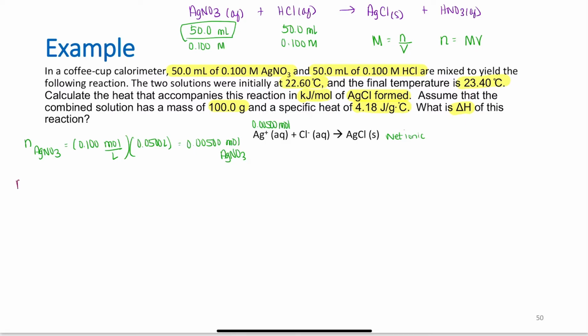Do the same thing with HCl. Number of moles of HCl, 0.110 moles per liter times 0.0500 liters gives me 0.00500 moles HCl, which also means 0.00500 moles of chloride ions because it's 1:1.